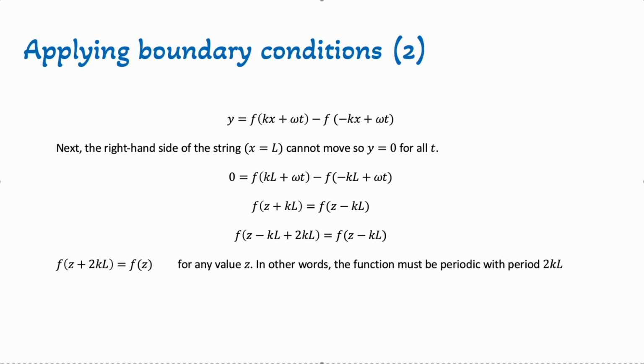It's a function that repeats itself every time the variable goes up by a certain amount, and that amount is 2kl. So we have found that this function f, we've cut it down to one function by applying one boundary condition, and by applying the second boundary condition, we've found that the function f must be periodic with period 2kl.